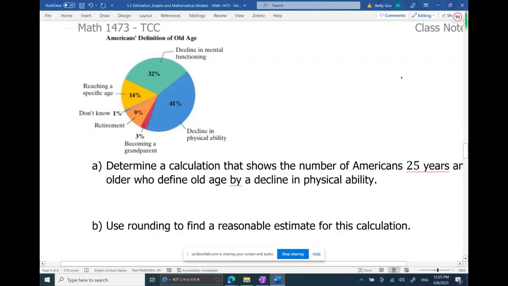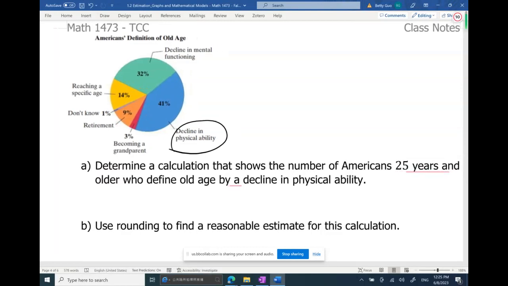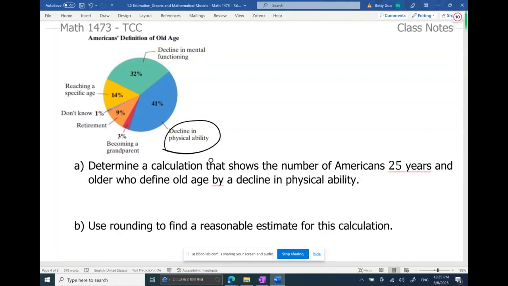So part A mentions decline in physical ability, right? So we want to find out the sample is representative. In the sample, 41% of them define old age by a decline in physical ability. Then how do we determine the total number of Americans 25 years and older, how many of them define old age as decline in physical ability?